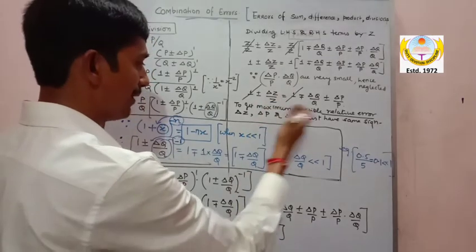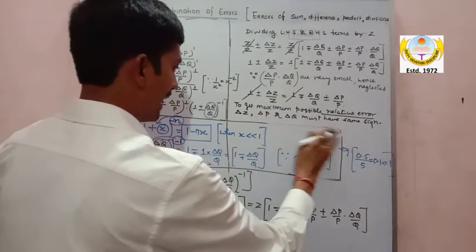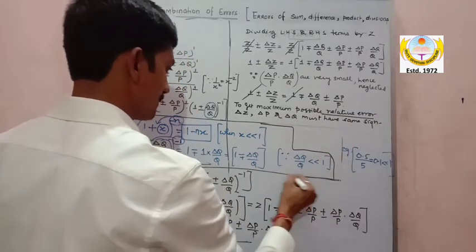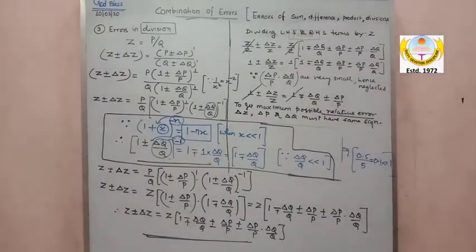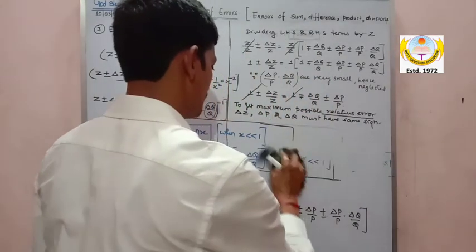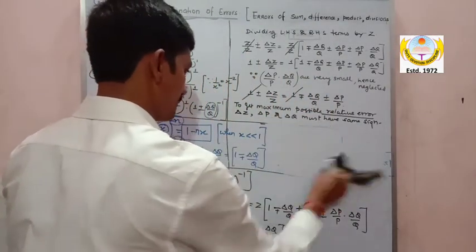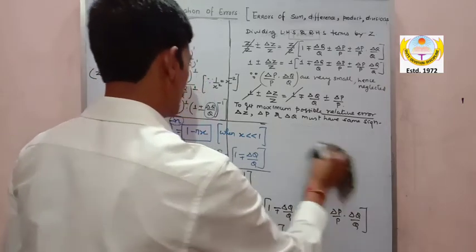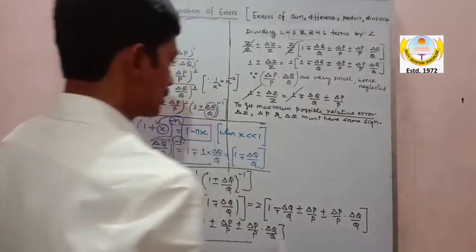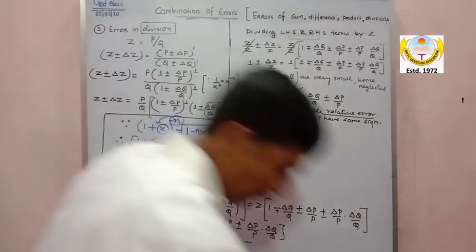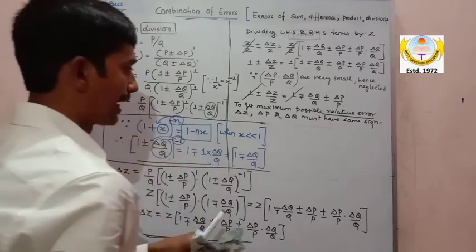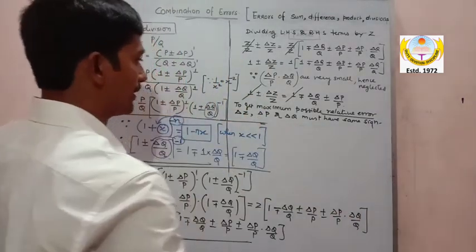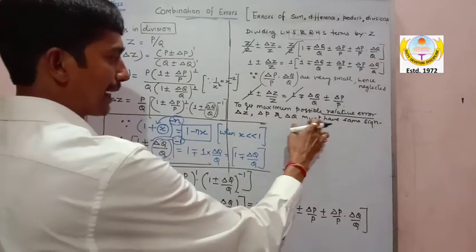So when you apply this, therefore my dear, I hope you can clear. Now I am rubbing this. When I get this, what will happen here? You can see, again I am getting the answer in this way also. So delta Z, delta P, delta Q must have the same sign.